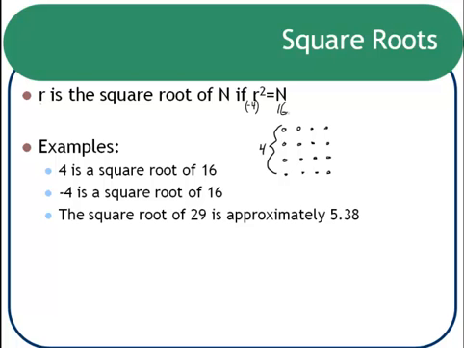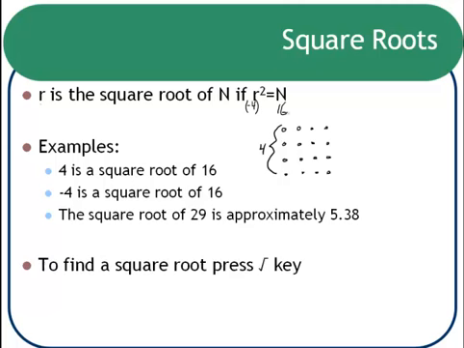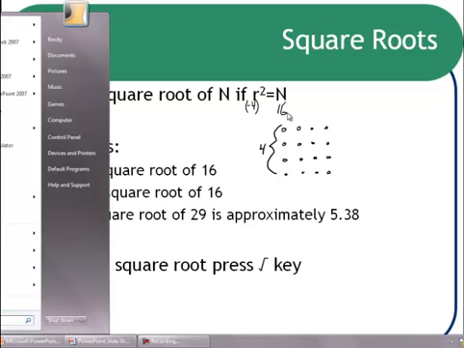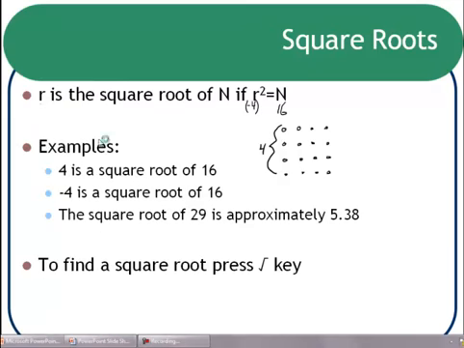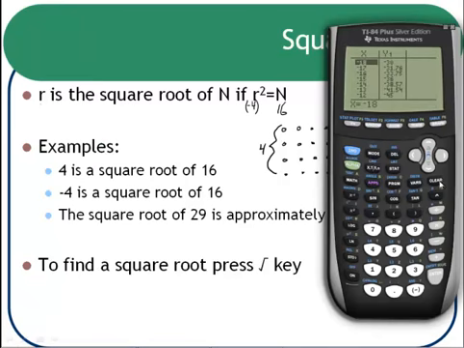You can take the square root of other numbers that aren't perfect squares. Your calculator's been programmed to do that. 29, for instance, is about 5.38. If you wanted to find that, it's pretty simple. Find on your calculator where the square root key is. I'll show you on a TI-83 or TI-84, they put the square root key above the squared.